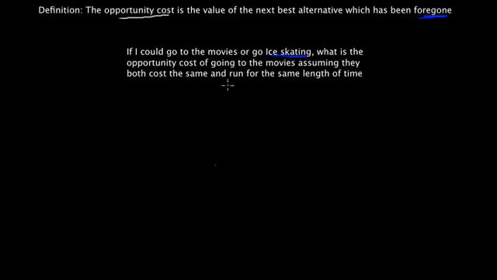So all that means is the opportunity cost of going to the movies just equals my enjoyment from going ice skating. So it's just ice skating. Okay, so that's all that we need to think about when we're looking at opportunity costs.